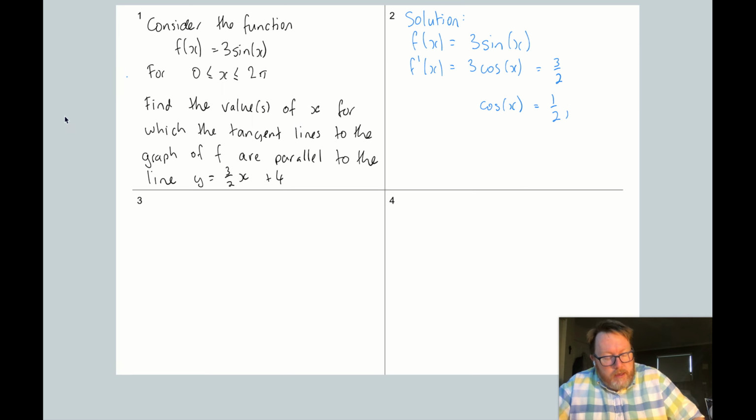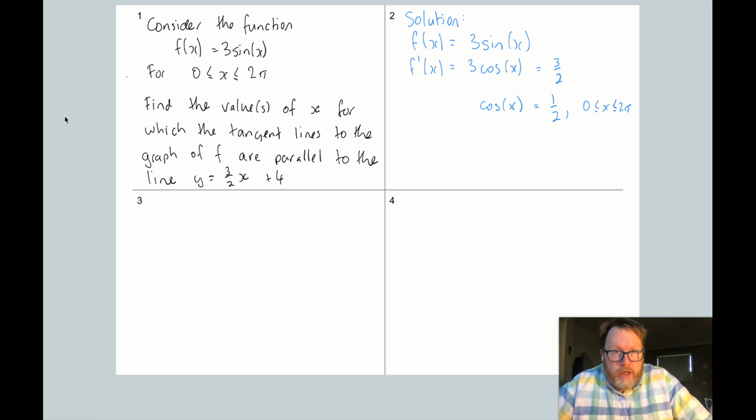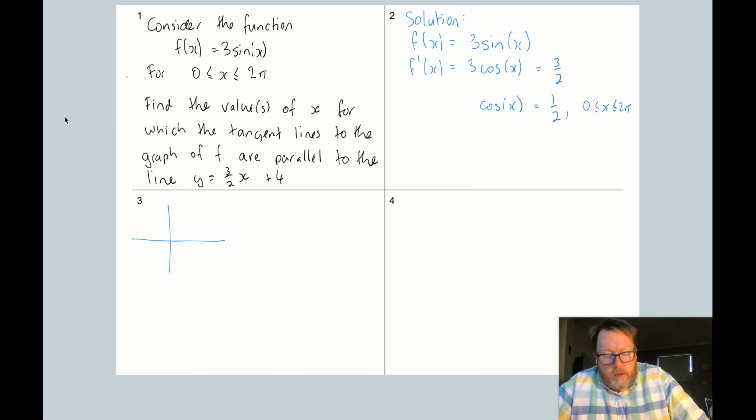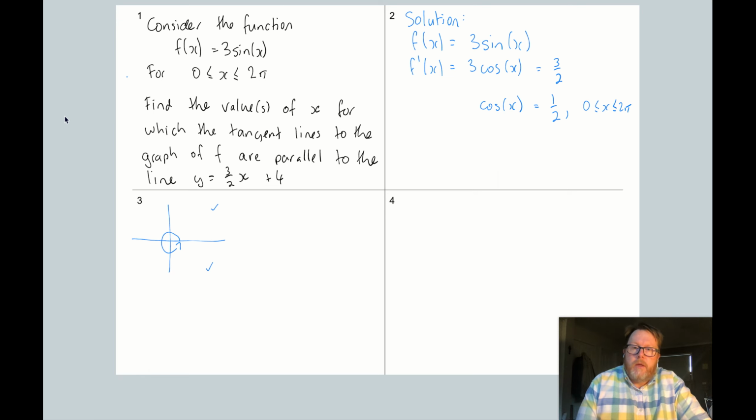And just to remind ourselves that x is between 0 and 2 pi. From the unit circle, we've got cosine equal to positive a half, which means that we're going to be looking at this quadrant and this quadrant, and we're just looking at between 0 and 2 pi, so no negative rotations.